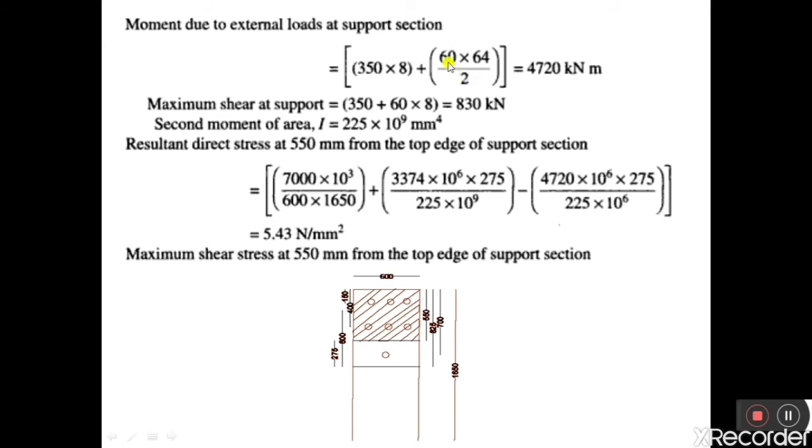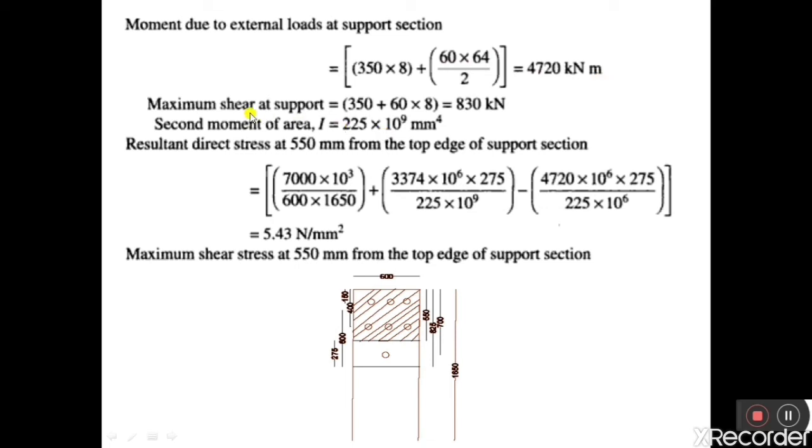So W is 60 kilonewton per meter, which is in the form of UDL and includes live load and dead load. 64 is the length squared, that is 8 square, so 60 into 8 square by 2. Therefore, total bending moment due to point load and UDL is equal to 4720 kilonewton meter.